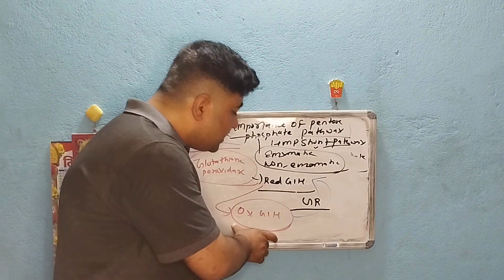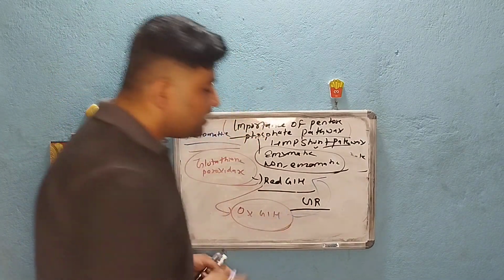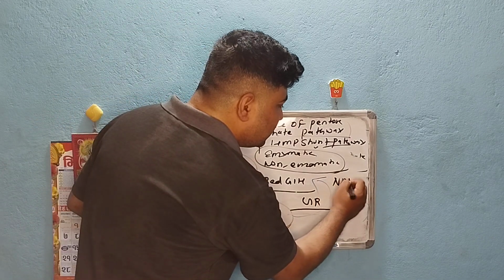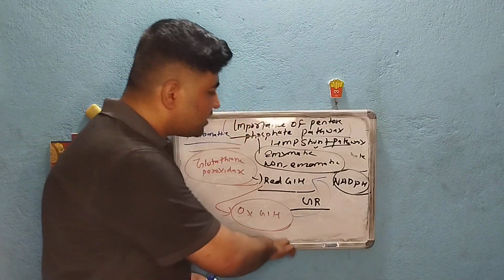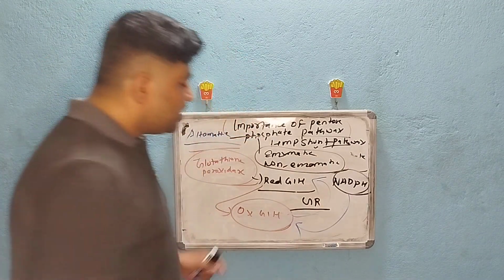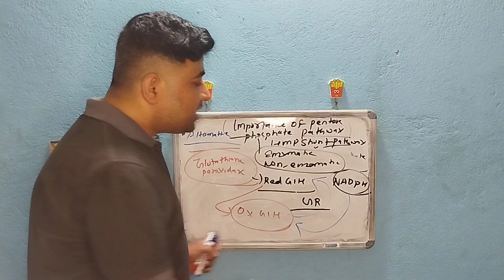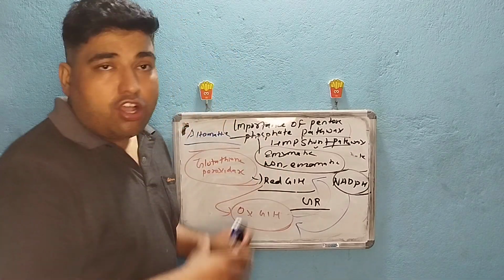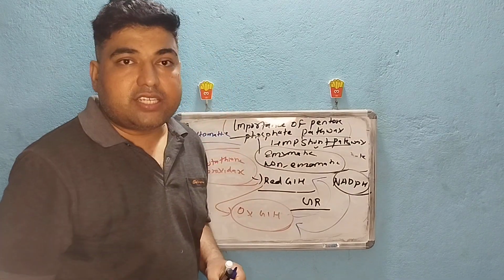The regeneration of reduced glutathione from oxidized glutathione is catalyzed by glutathione reductase, which utilizes NADPH as a coenzyme. During this process, NADPH donates its electrons to the oxidized glutathione and converts it into reduced glutathione. That's why NADPH is very important for the regeneration of reduced glutathione.